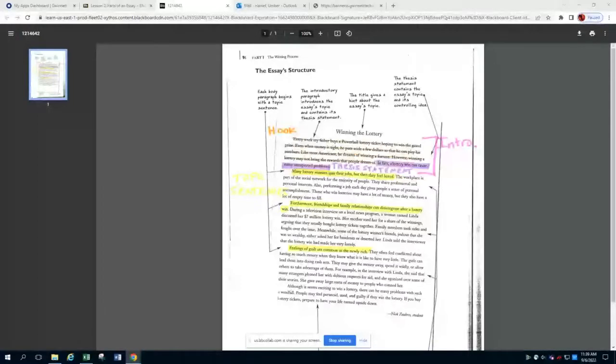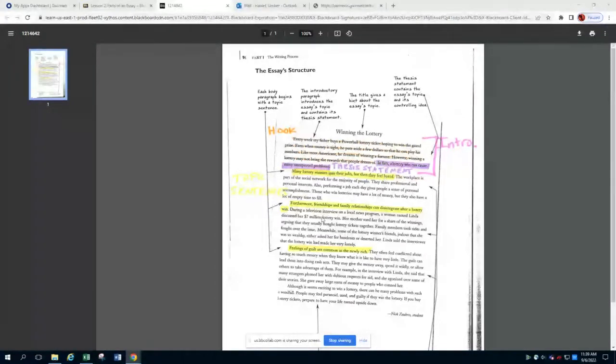Okay, so we have a hook, we have a thesis statement inside our introductory paragraph. This whole middle part is called a what? All 3 paragraphs in the middle, what are they called? Body. Thank you, Brianna. Every body paragraph begins with a what?